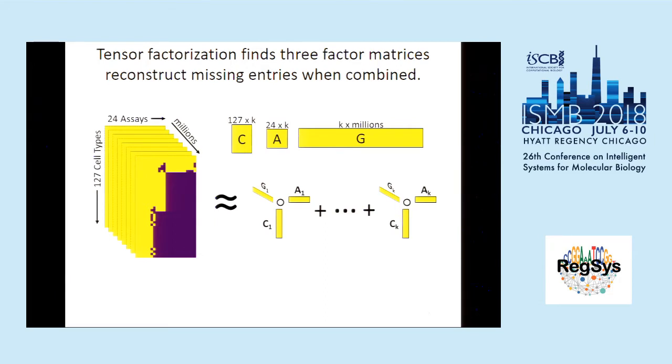And each of these matrices captures patterns along each of the dimensions in the tensor. So we have one for cell types, one for assays, and one for genomic loci. And you can reconstruct this tensor after training these factors by taking the outer product of corresponding latent factor vectors and summing the resulting tensors element-wise.